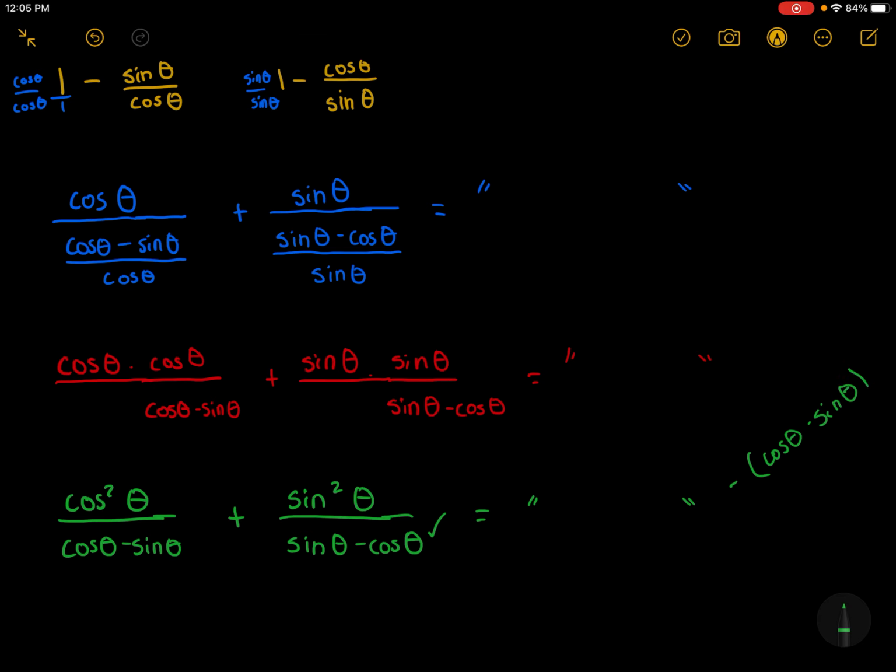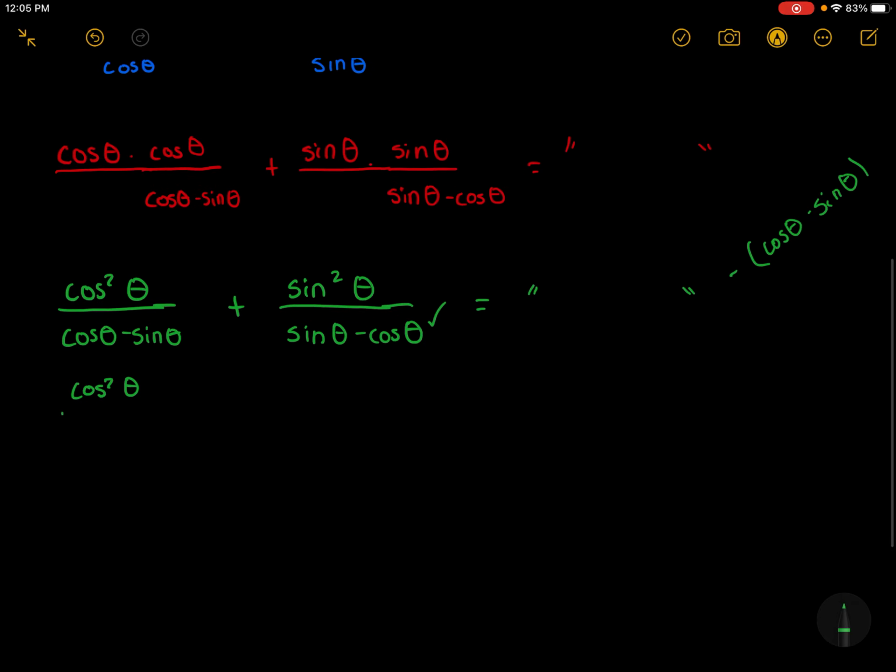So that's our trick, that these are basically the same thing. So we're going to have cosine squared theta over cosine theta minus sine theta.